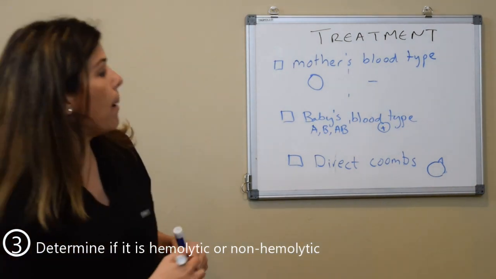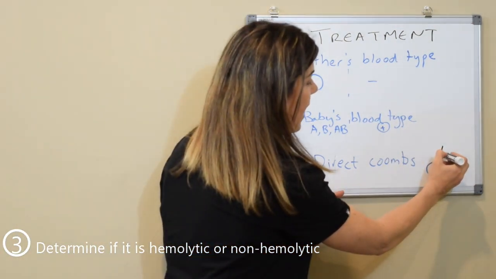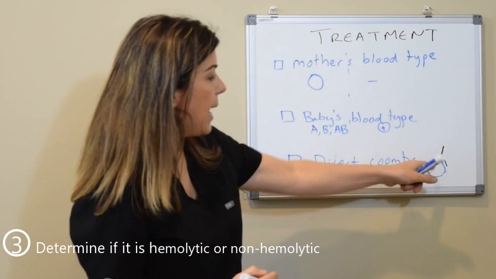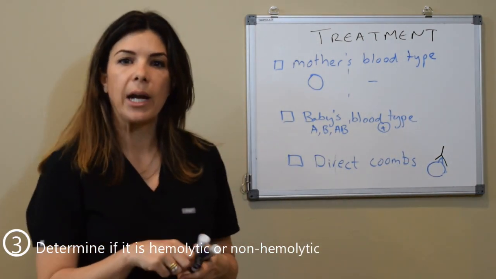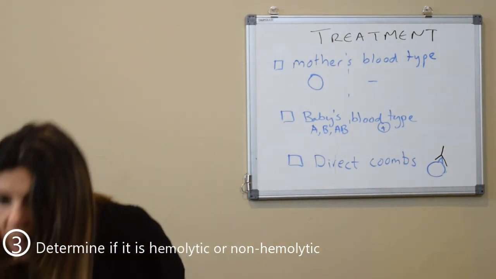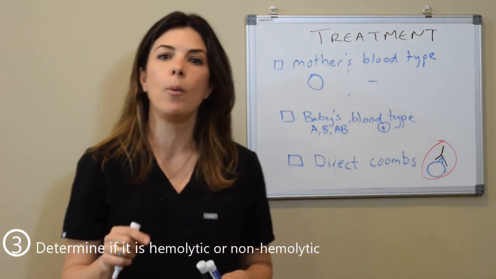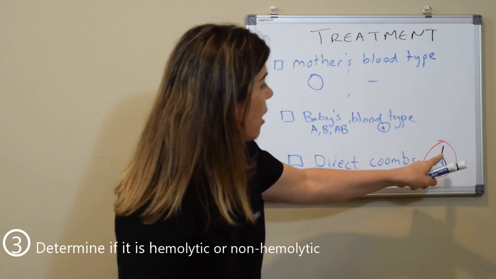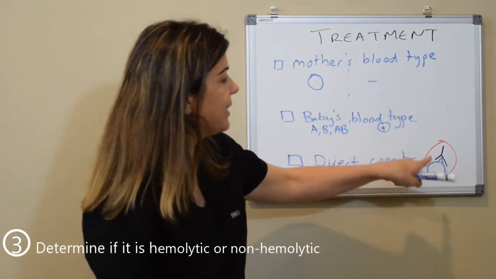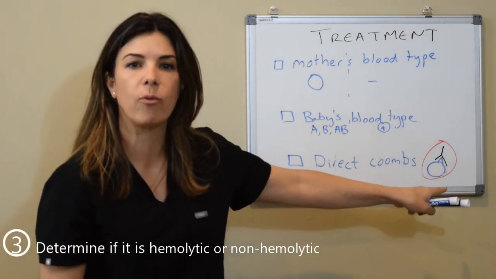So say the mommy was O, and she does actually have A antibodies. What the direct Coombs is testing is for the presence of one of these units. So the direct Coombs will be positive if there is a mother's antibody attached to the baby's red blood cell.